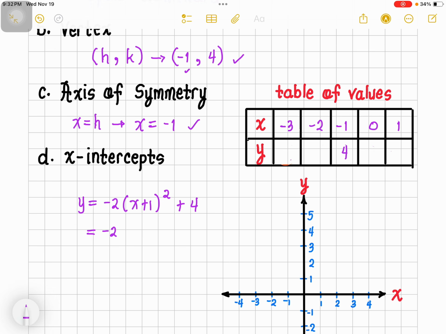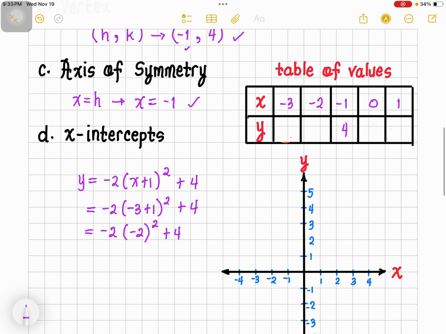Okay, so negative 2 times the quantity of negative 3 added by 1 close squared plus 4. So, class, let's simplify first, di ba we have PEMDAS rule? So, i-apply natin yon. Parenthesis, exponent, no? So, inside the parenthesis, so we have negative 3 plus 1. I-perform natin yan, which is equal to negative 2. Do not forget the exponent na 2. Plus 4. Nasundan?